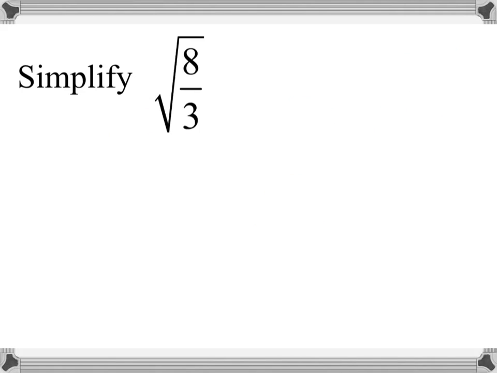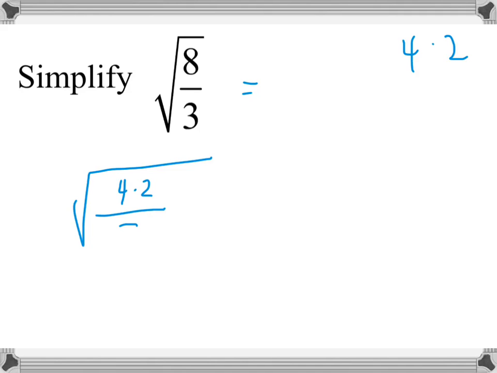radicals. Okay, let's say that we have a fraction here. Now, for this fraction, 3 is a prime number, but 8 has factors of 2 and 4. So what I want to do is break up the numerator into 4 times 2 and the denominator into 3. Now the other rule: if you have a fraction, you can split the numerator and the denominator into their own radicals.